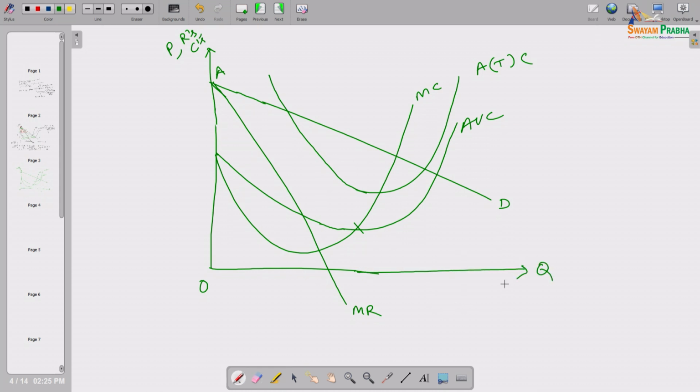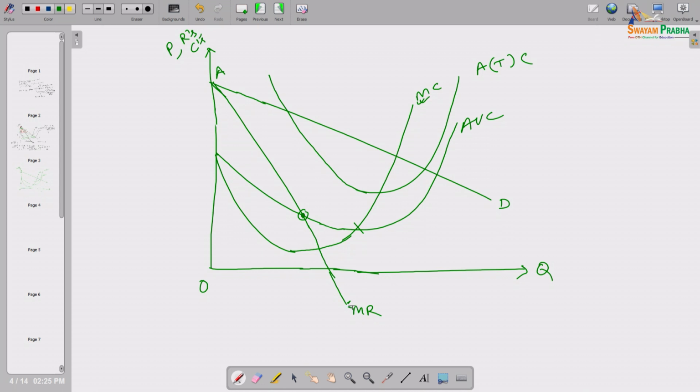Okay. So, MR equals MC is the first order condition, and the second order condition is that the slope of MR should be smaller than the slope of the MC line. So, where is that? Both the conditions are satisfied here, because this is the MC line, right.